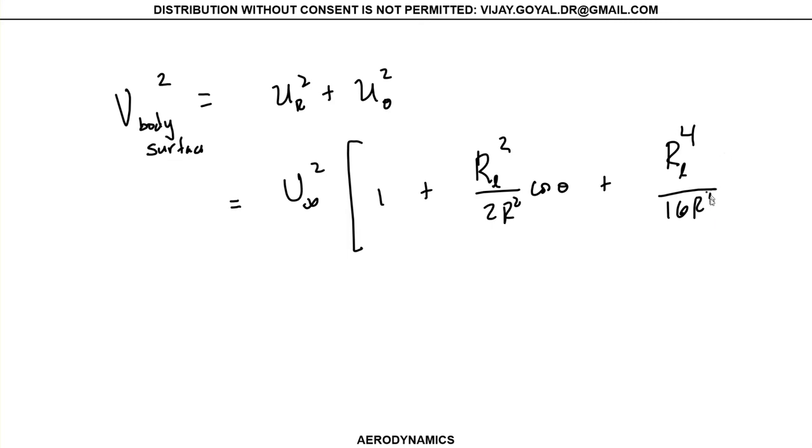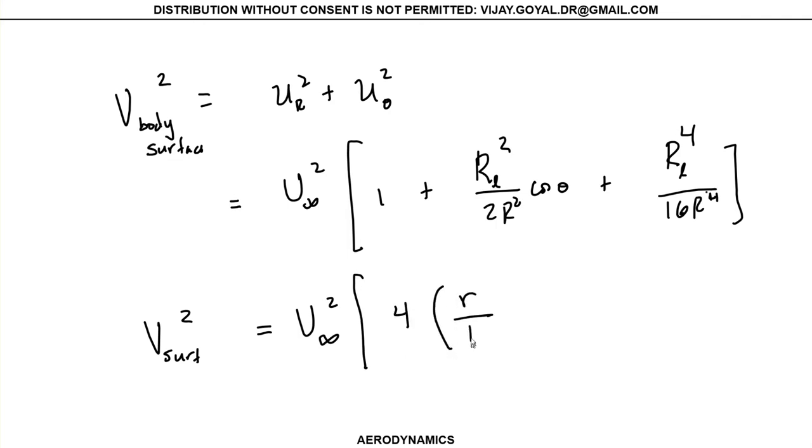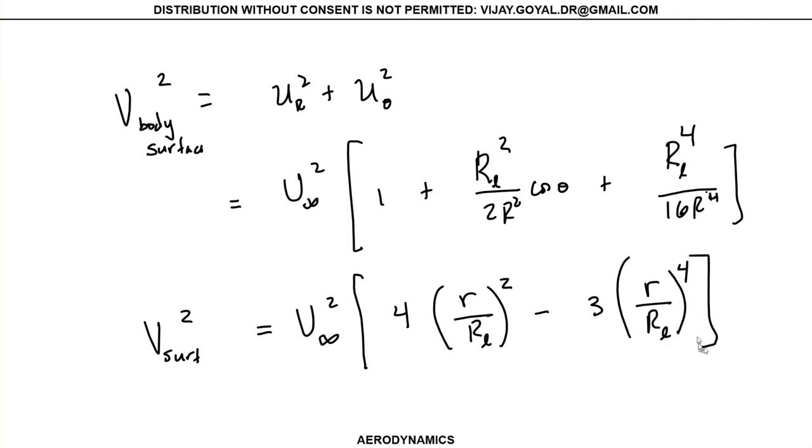If I replace all these values in here, then your surface velocity, which is what I was really going after, is actually equal to 4 times R over RL squared minus 3 times R over RL to the fourth. You can do some math and show that's the answer you get.